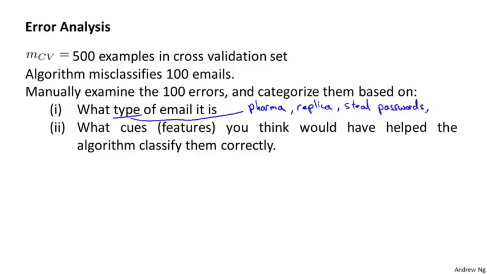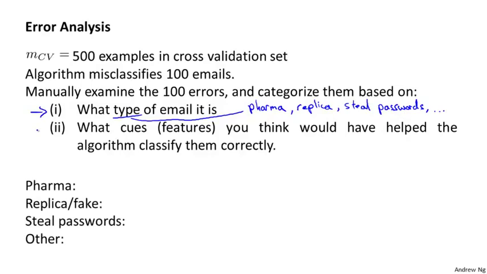These are also called phishing emails, but that's another big category of emails, and maybe other categories. So in terms of classifying what type of email it is, I would actually go through and count up, of my 100 emails, maybe I find that 12 of them mislabeled emails are pharma emails, and maybe 4 of them are emails trying to sell replicas, like sell fake watches or something.